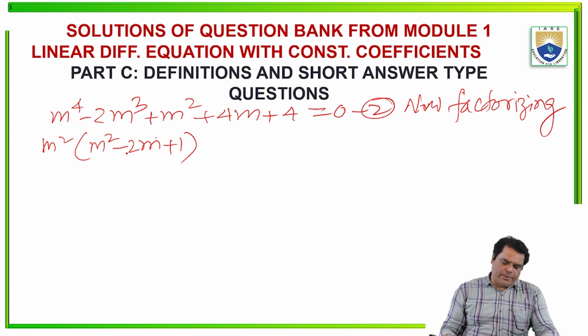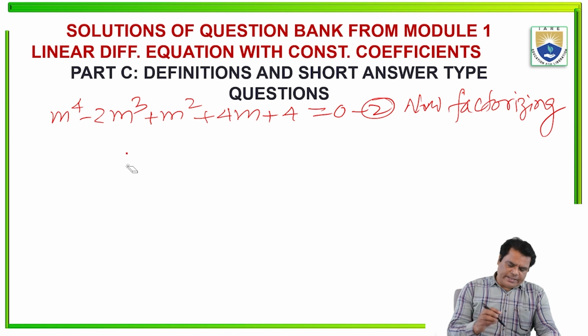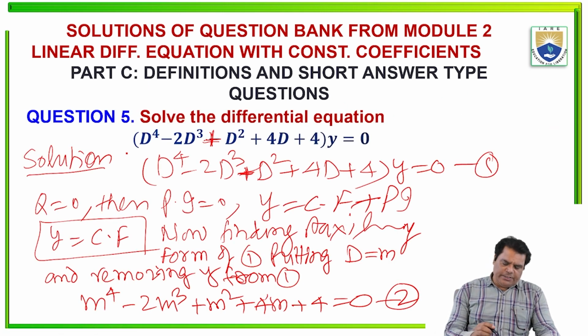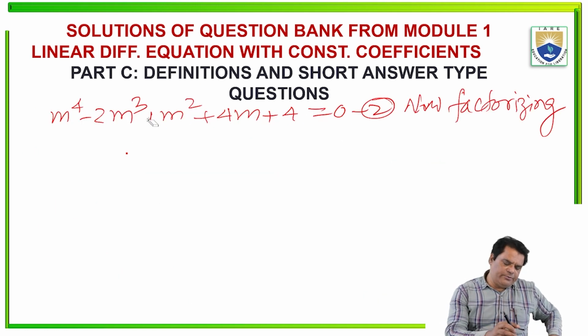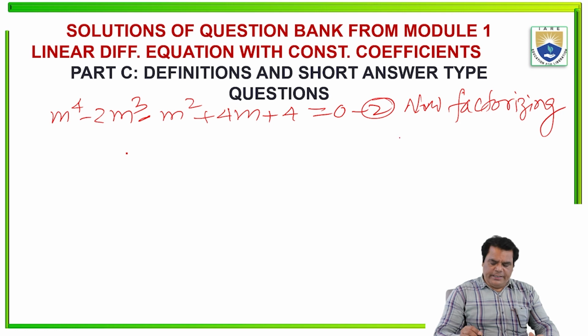Then that is not common. So how can we factorize this result? Here is a minus sign, here is also a minus sign. Now factorizing this result, putting any value, minus 2.